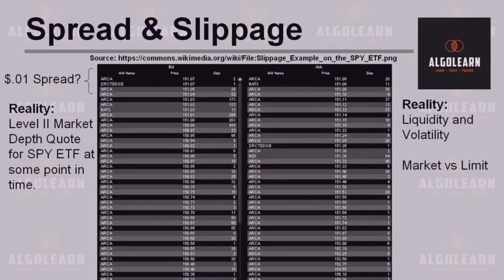If we subtract that average from the level 1 quote of 151.07, that's almost a penny and a half. It's 0.014, and that is slippage. That right there is an example of slippage.